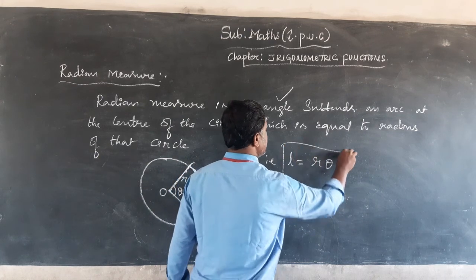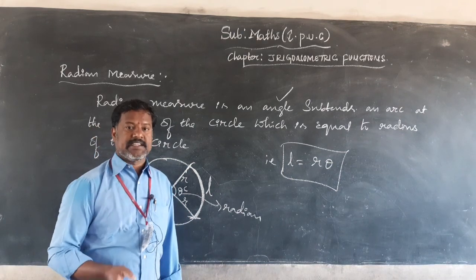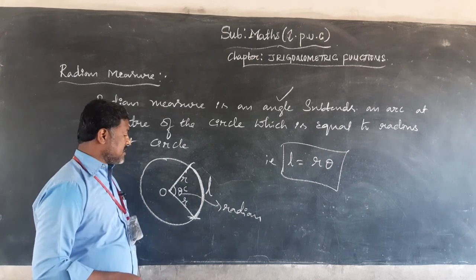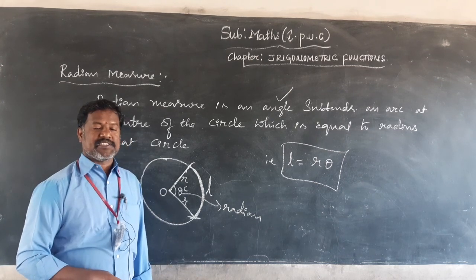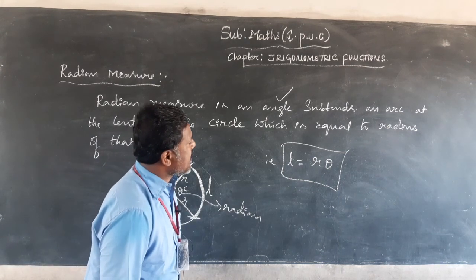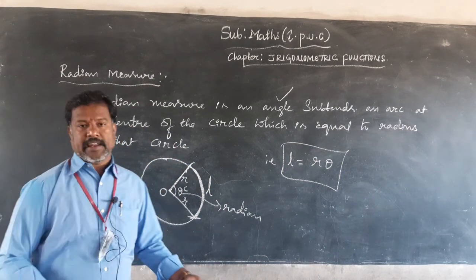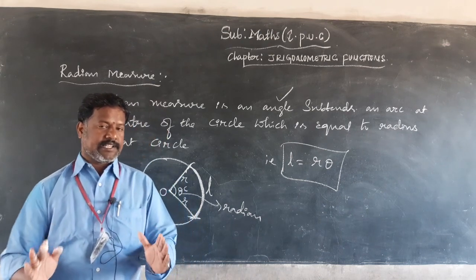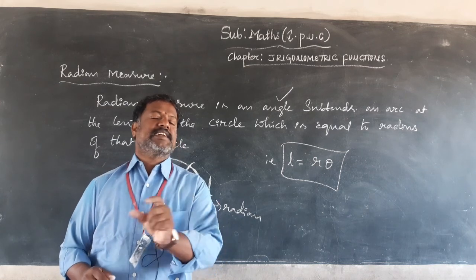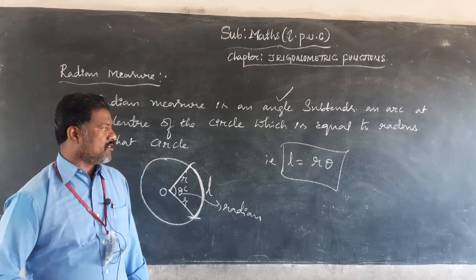It's a very important famous formula you have to keep always in your mind. Radian measure is an angle subtended at the center of the circle by an arc which is equal to the radius of the circle.